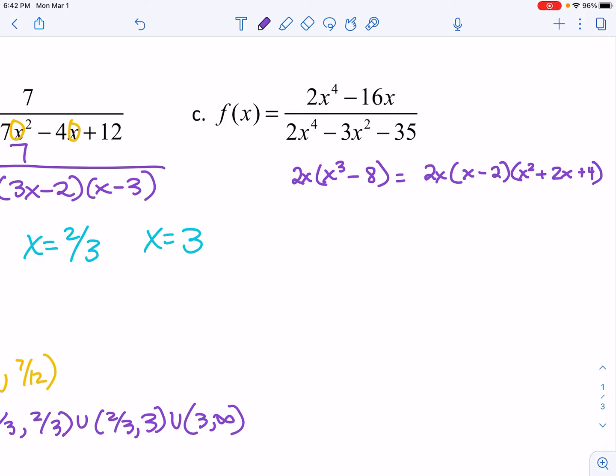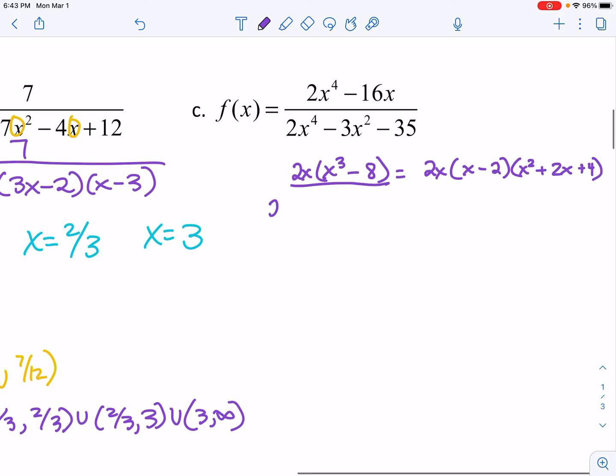I also now want to factor the bottom, the denominator, and so I want to treat this like a normal trinomial because it is x to the fourth, then x squared, and then a constant, so that's fine. I need factors of negative 70 that add up to negative 3, and so that's going to be 7 and 10, and so we want a negative 10 and a positive 7.